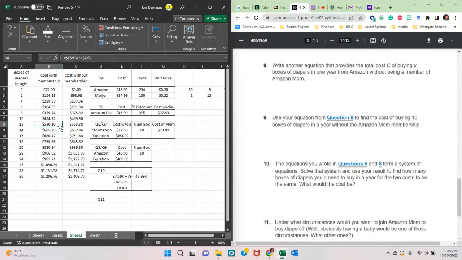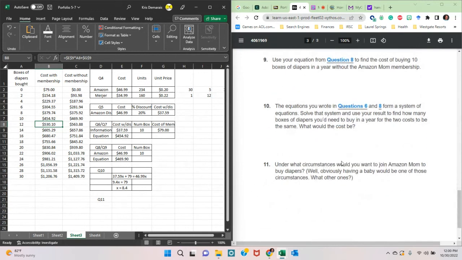So 530.10 is a lot cheaper than 563.88. Therein lies the issue, and the significant reason why you'd want to buy the membership, excuse me. So now that's where it says, under what circumstances would you want to join the Amazon mom to buy diapers?